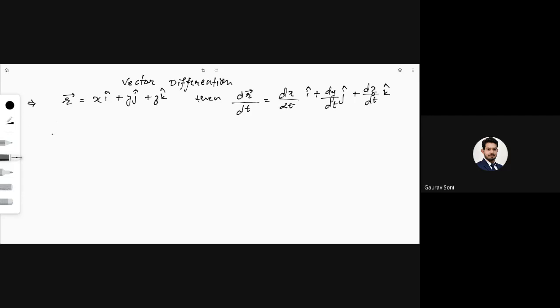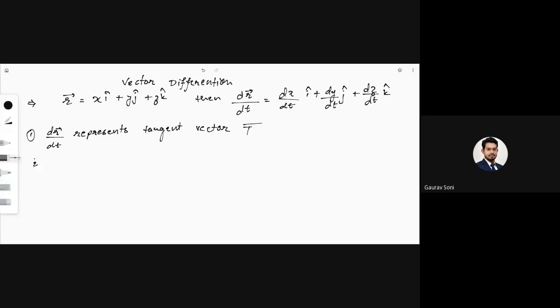So in this case, dr bar by dt represents the tangent vector. First one, tangent vector to this r bar.